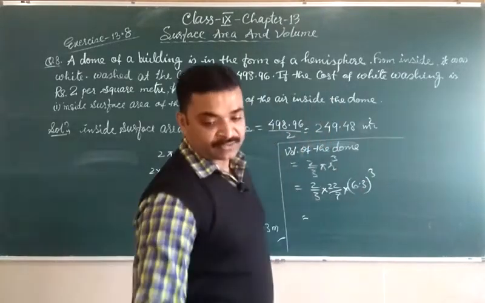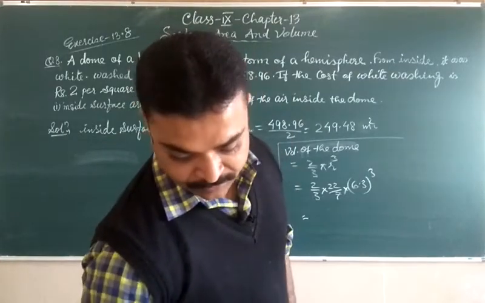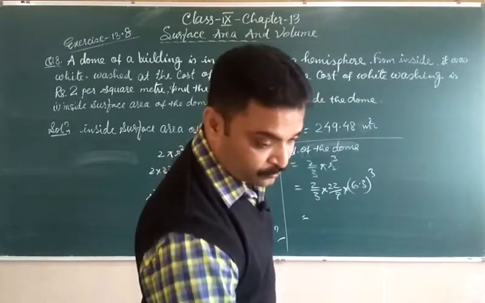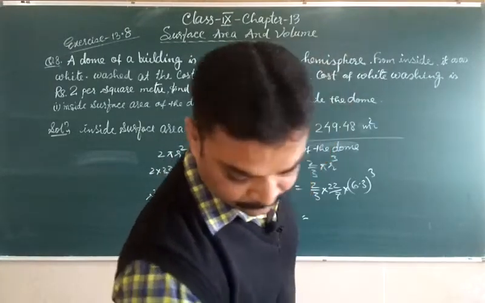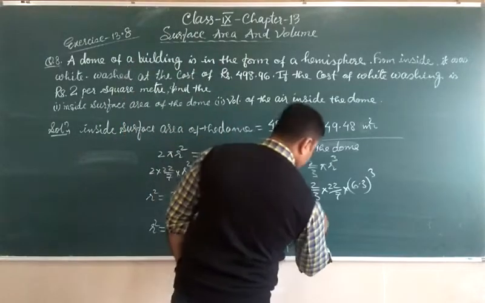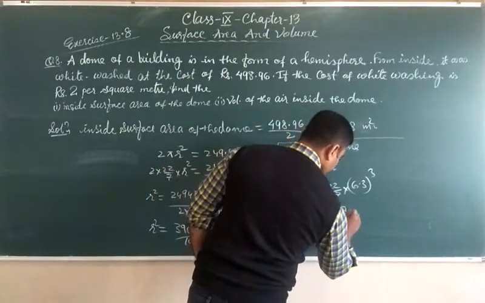And after solving this, you will find that the volume of the dome is 523.9 meter cube. 523.9 meter cube.